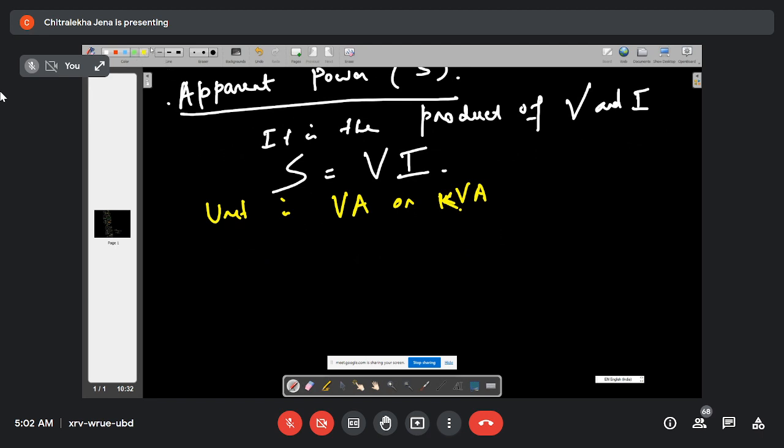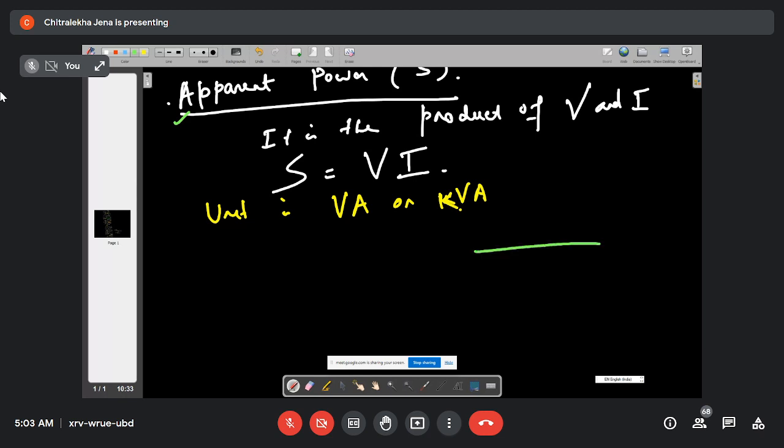Now if I consider all these three powers, active, reactive and apparent, I will draw the power triangle.